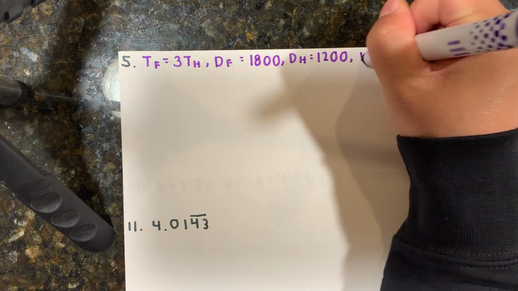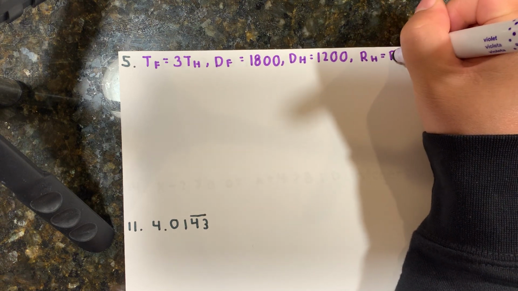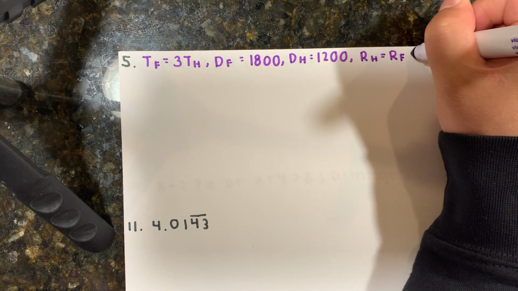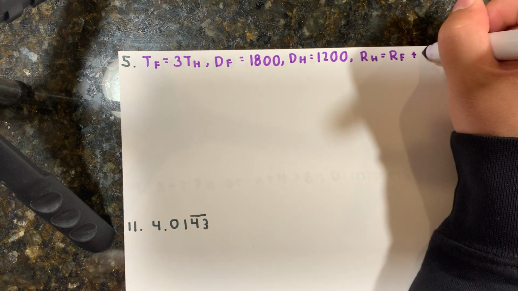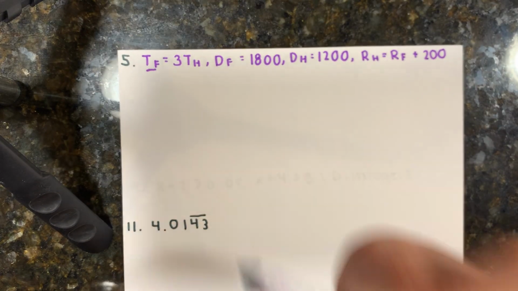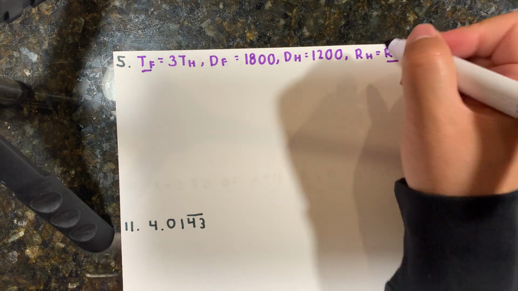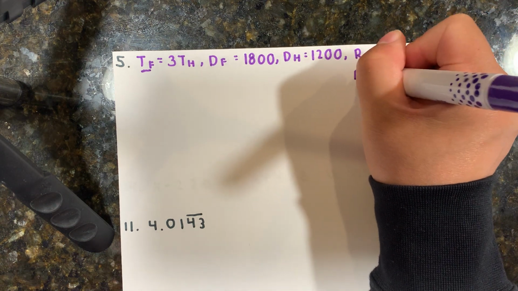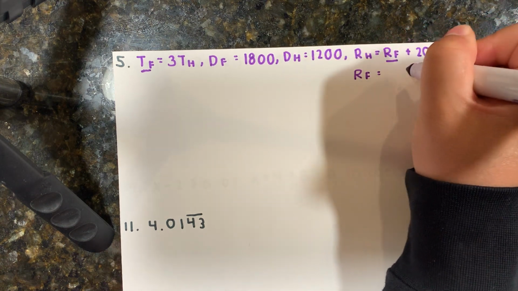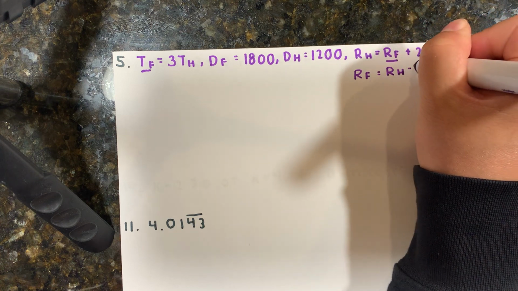So the rate of Hamilcar is the rate of Fabian plus 200. But if you look at this original, we solve for TF. We also want to solve for RF. So to get RF by itself, we would subtract 200 from RH. So it would be RH minus 200.